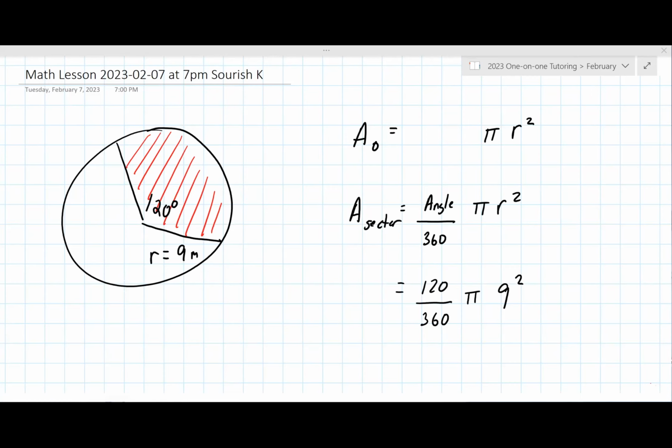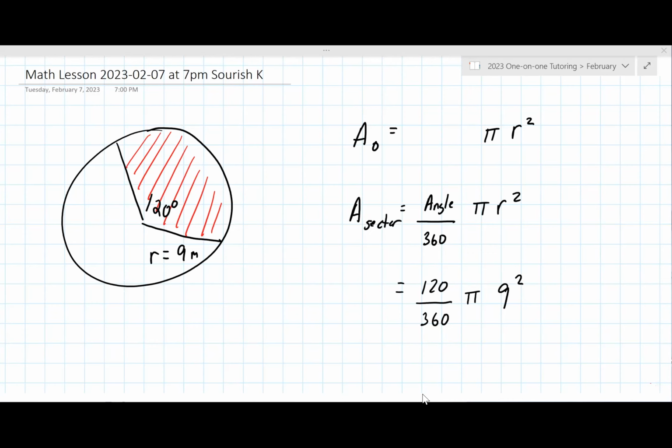It's not 3. What you did in your calculator is the other way around. You did 360 divided by 120. 0.33. Okay, but what is that as a fraction? The original problem is 120 over 360, but it reduces to a nice fraction.